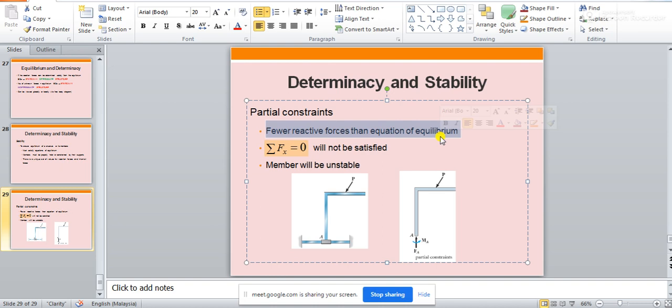So when the reactive forces are fewer than the equations of equilibrium, one of the equations of equilibrium will not be satisfied.